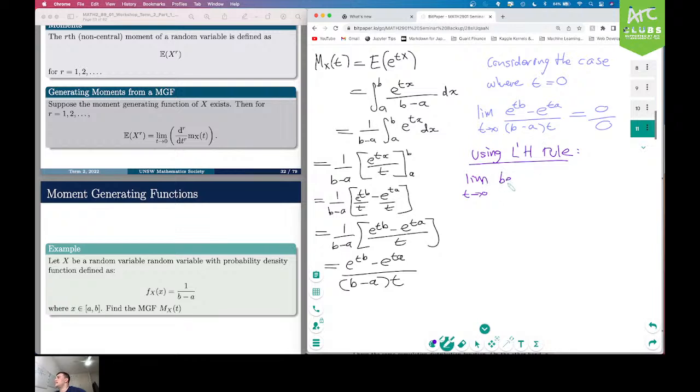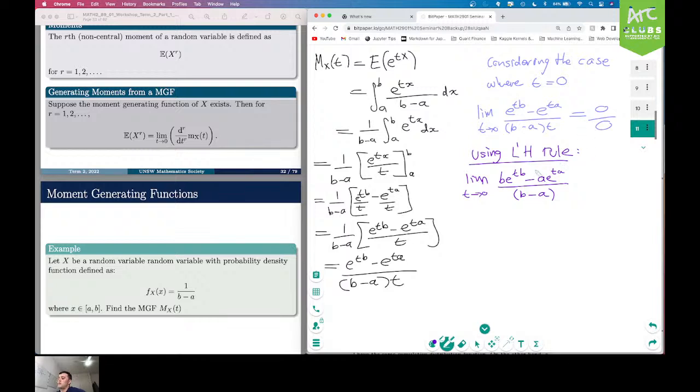That's going to be b e to the tb minus a e to the ta, right? And we differentiate the bottom, so the derivative with respect to t on the bottom is b minus a. Just keep in mind, I wasn't using the quotient rule. This is not the same. All we're doing is differentiating the top line, differentiating the bottom line, and then taking that limit as per L'Hopital's rule.